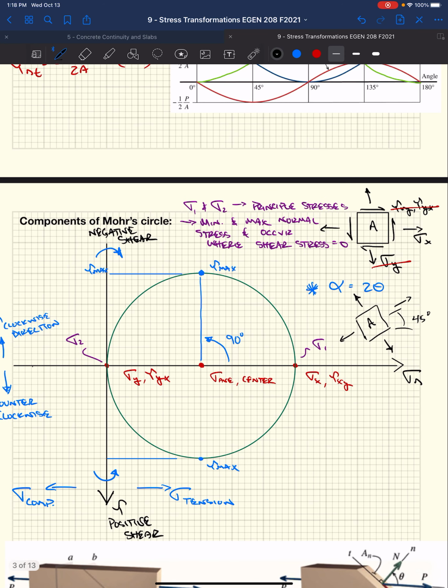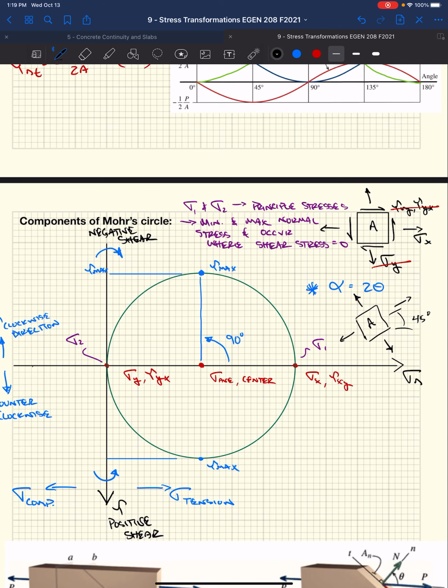As mentioned, every angle of rotation on Mohr's circle is twice that in the real world, okay? So if we rotate 90 degrees from our initial rotation, A, where we were oriented at 0 degrees, we're really rotating 45 degrees.